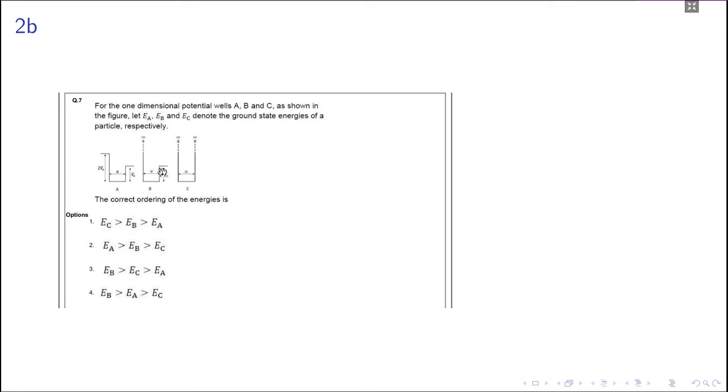So the energy will increase, because in the bound state the energy is more, in the free state it is less. So the energy here will be less, then more here, and more here. So option 1 is right.